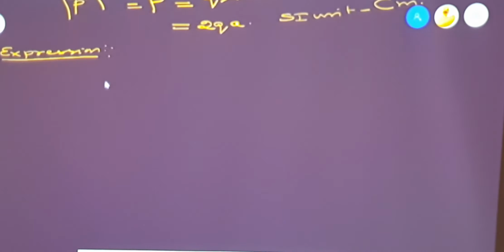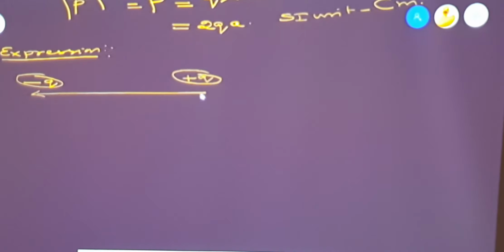I have taken two charges, one minus Q and another plus Q. Let us take the distance between the two charges as 2A.